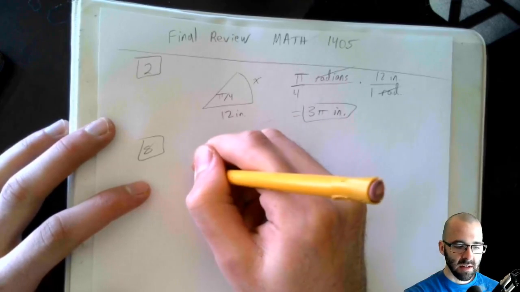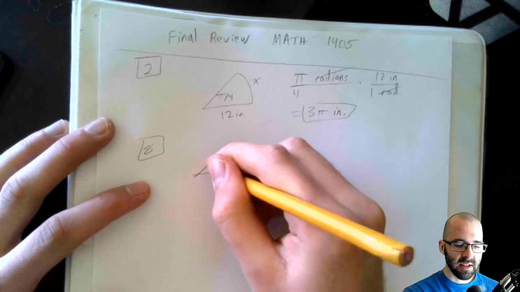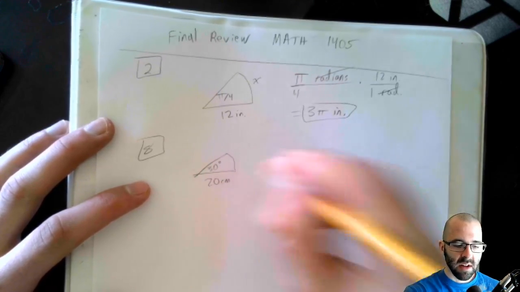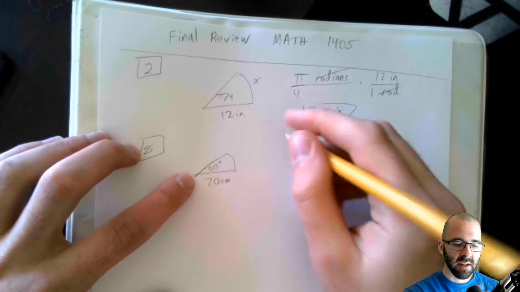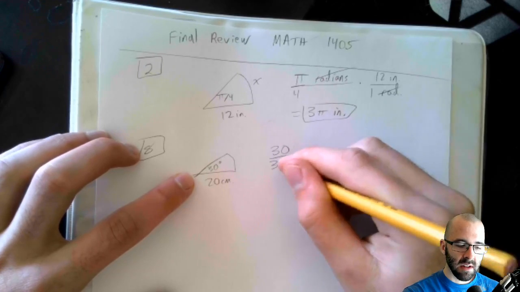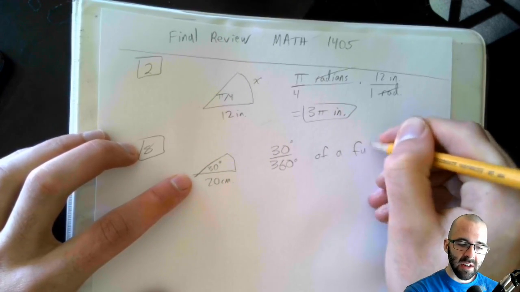Right. 30 degrees. Maybe something like this. Radius of 20 centimeters. You just find the area of the whole circle and then figure out what portion of this. This is 30 over 360 degrees of a full circle's area.